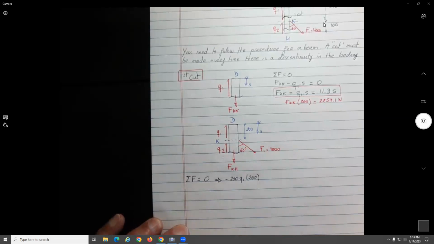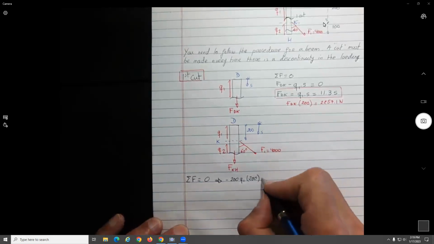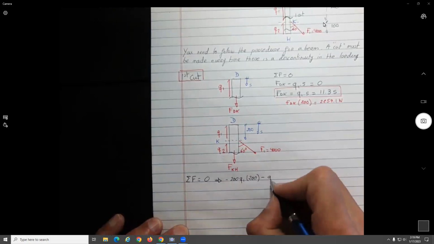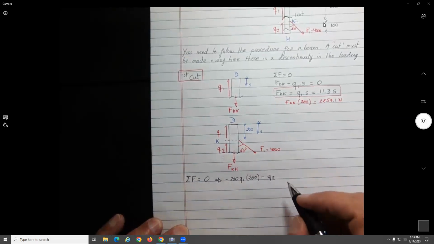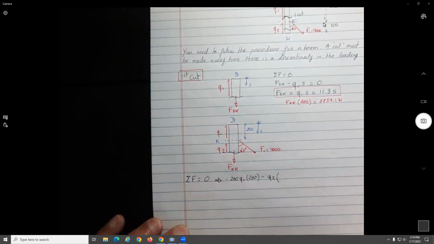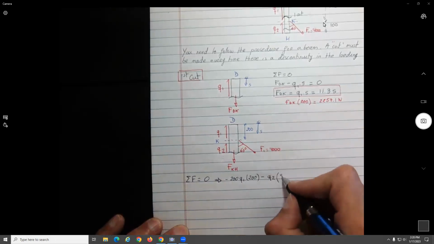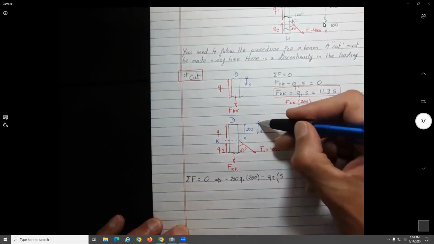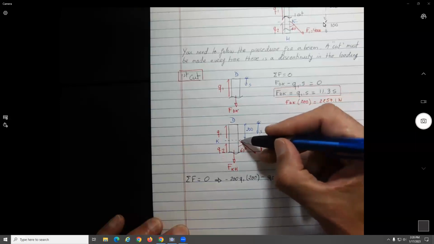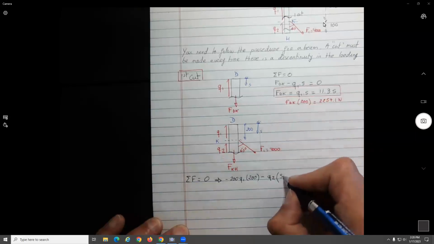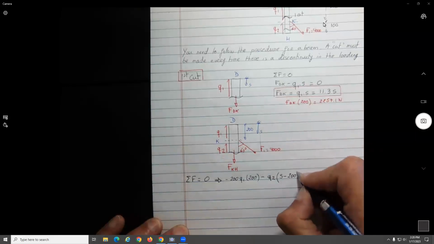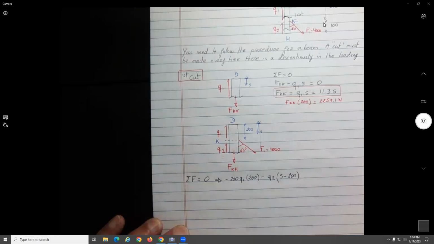Okay. Now we're going to have here minus Q2, this one over here. We'll be moving all this distance, from here going down, minus this one. So it will be S minus 200. Does that make sense?